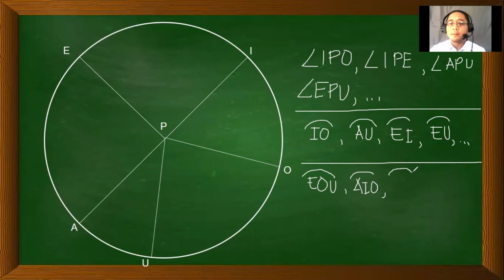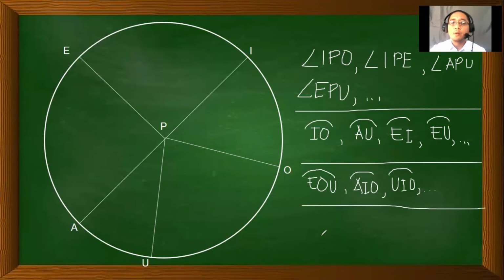Another major arc is UIO, because based on the given illustration, it is greater than the semicircle or 180 degrees, and many more. Okay, so that's it.